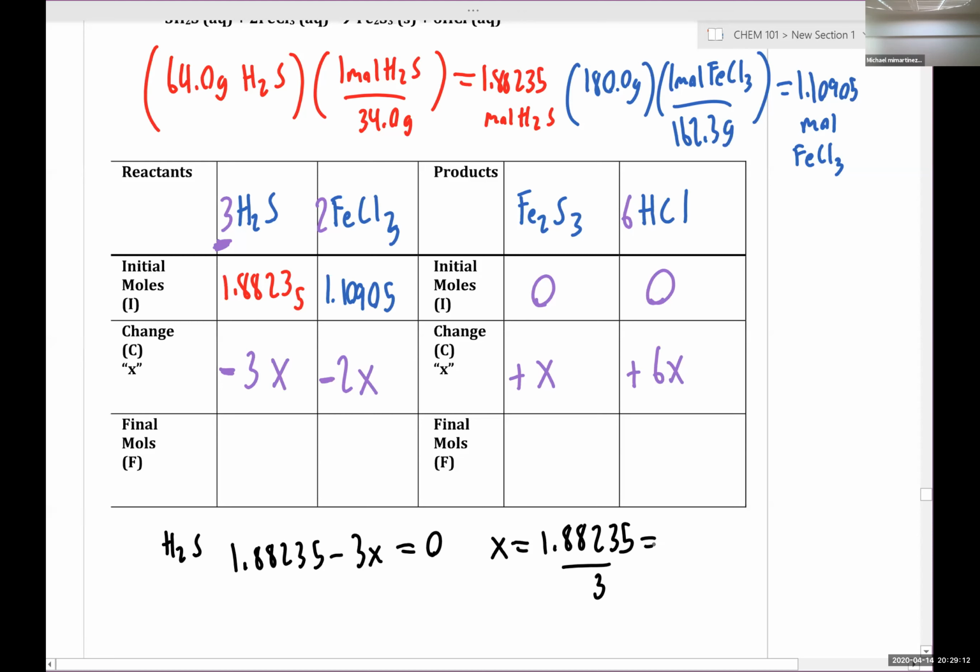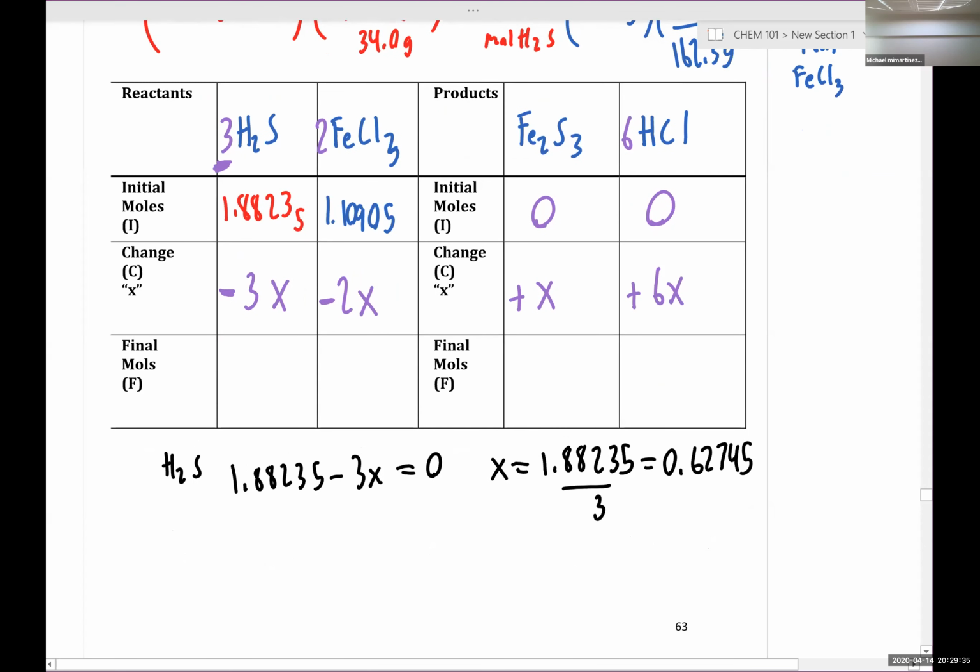And if we punch that into our calculator, we in turn get a value of x of 0.62745. Okay? So this is essentially describing the amount of reaction progress necessary to completely consume all of our H2S.